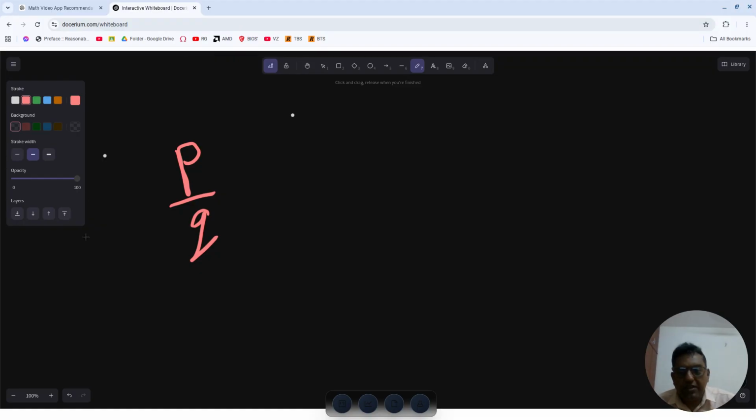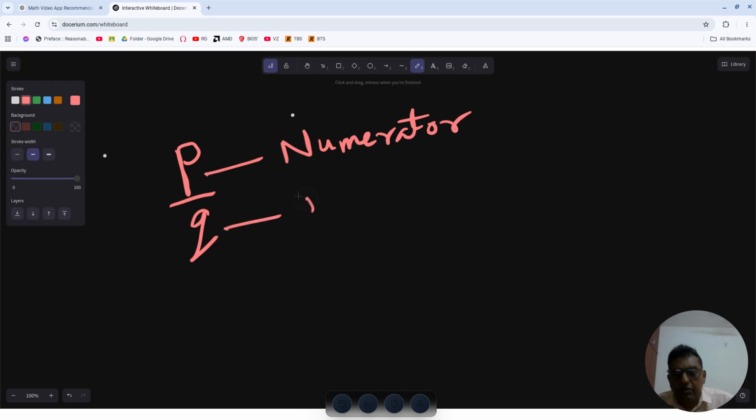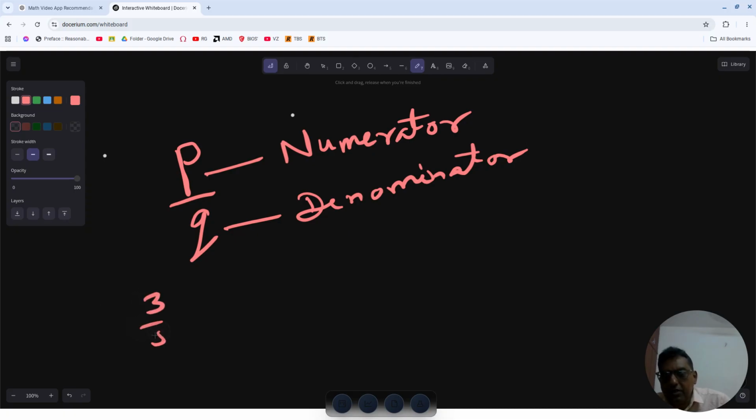Now, a fraction, as you know, is a form given by p by q, where p is the numerator and q is the denominator. Certain examples can be 3 upon 5, 4 upon 6 and so on.